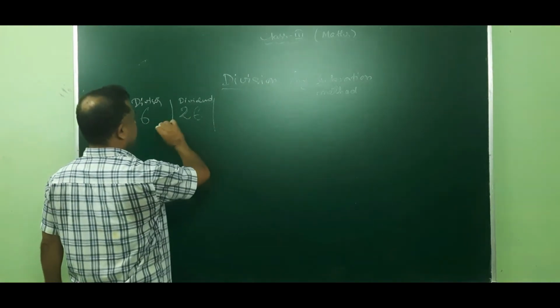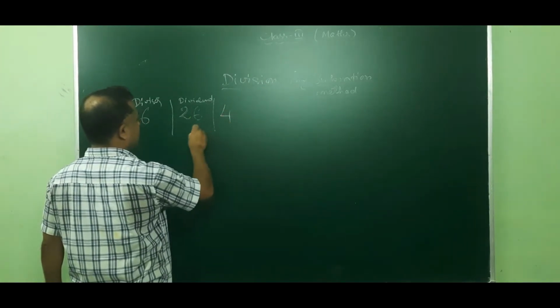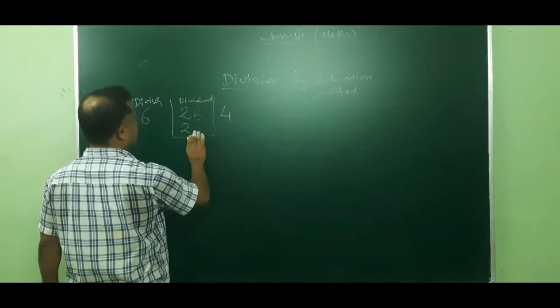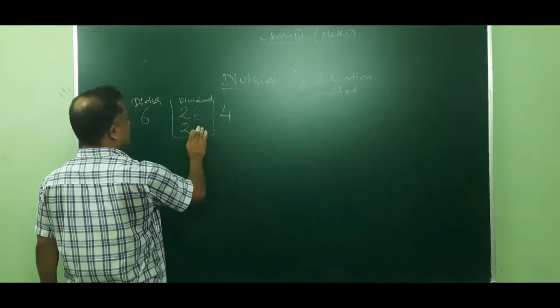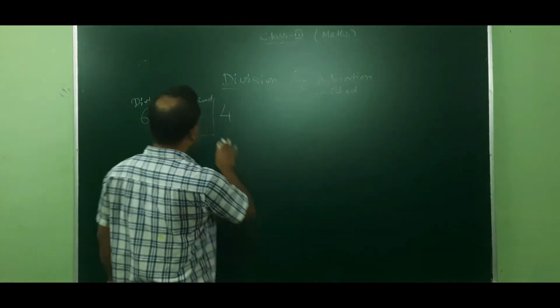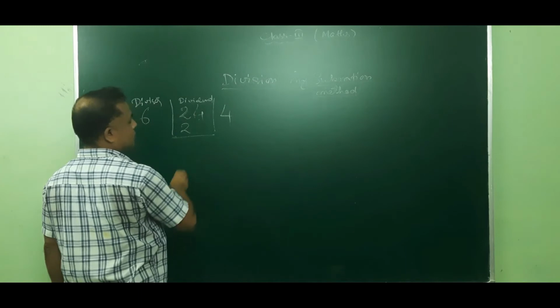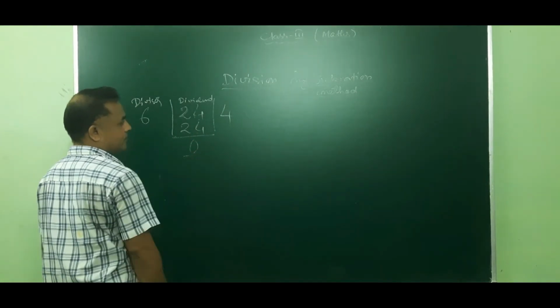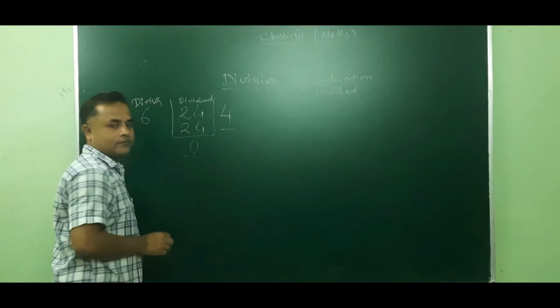So how much do I get? It goes 4 times. Sorry, how much is it? 24. So if I take 24, 4 times it goes and the remainder is 0. So the answer is 4.